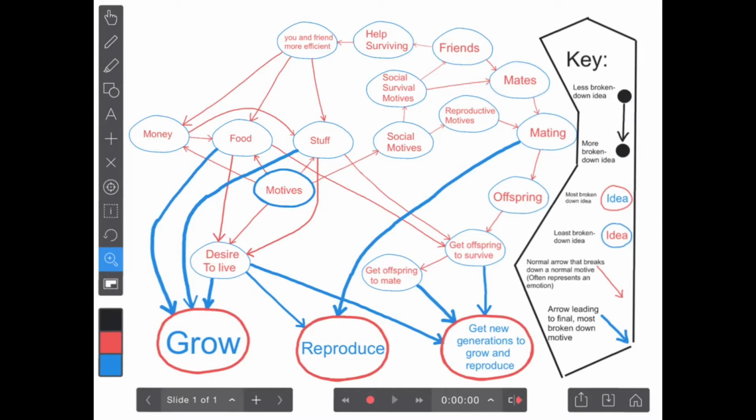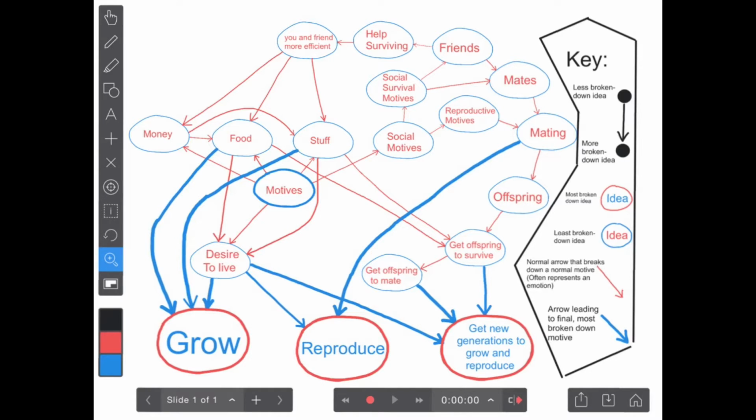The normal red arrow breaks down a normal motive, and it often represents an emotion. The arrow leading to the final or most broken down motive is the thick blue arrow.